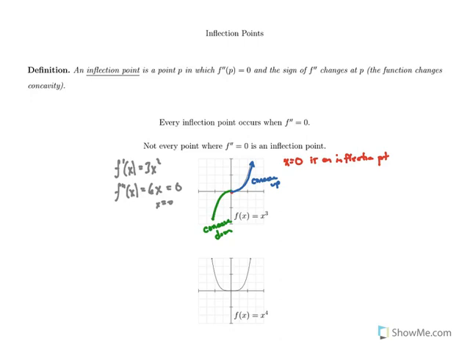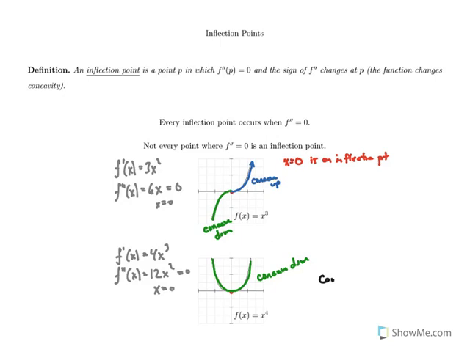However, if we look at the next example, the derivative is 4x cubed. The second derivative is 12x squared. When you set that equal to 0, you get x equals 0 again. But the concavity is not changing. In this case, we have concave down everywhere.